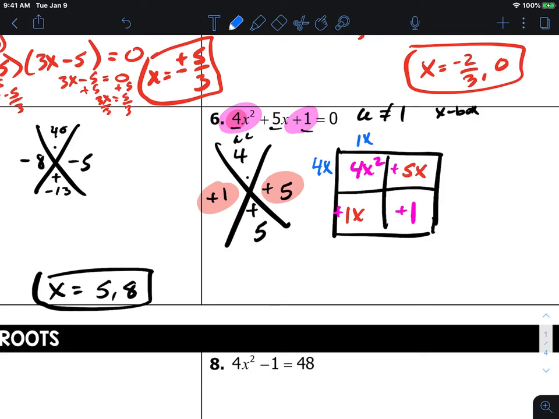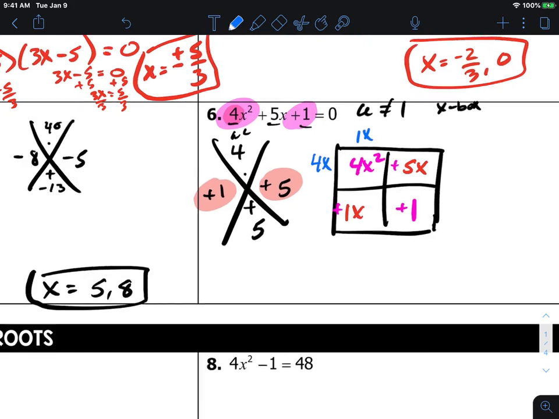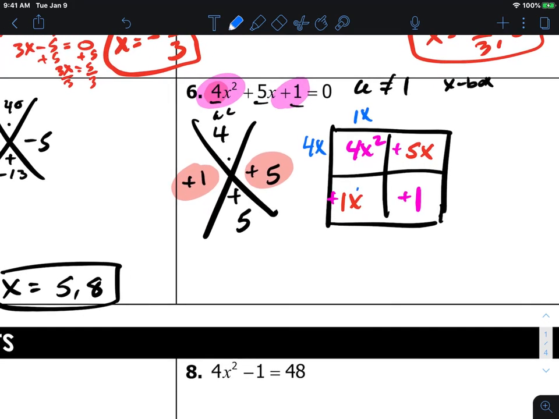But wait a minute. What's the problem there? Well, I can create the 1x there.